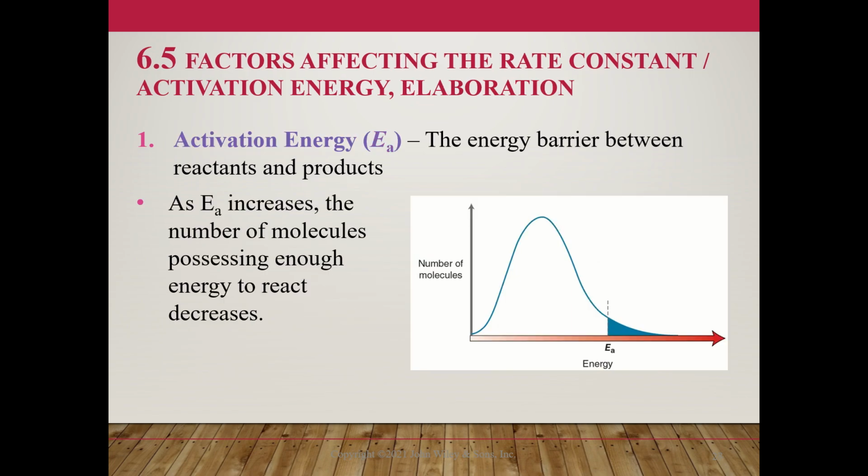As the activation energy, the energy barrier between reactants and products, or Ea, increases, the number of molecules possessing enough energy to react decreases. Essentially, the harder it is to reach the top of the hump, the fewer of your molecules are able to overcome that activation energy barrier.